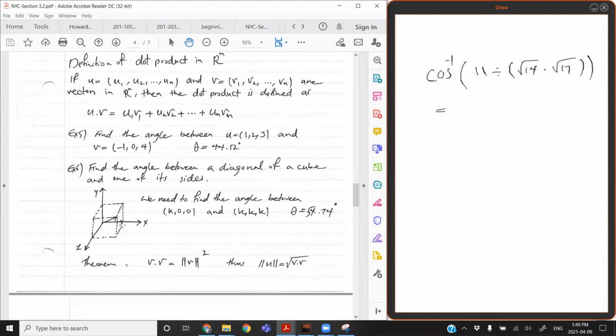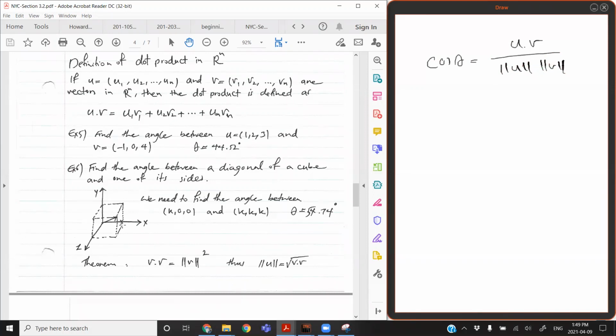So we can use what we learned about the dot product and this formula to solve this problem.